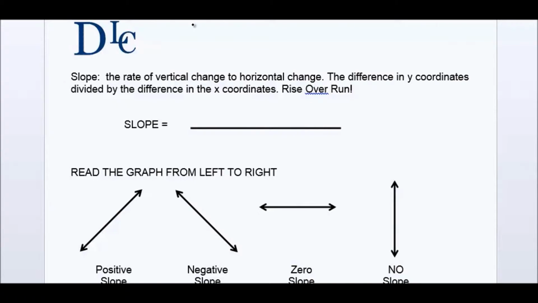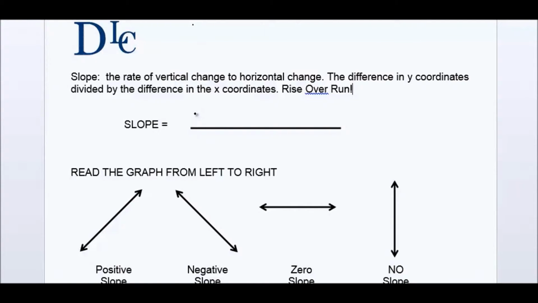To find the slope of a line, it's defined as the rate of vertical change to the horizontal change. Another way you could put it is it's the difference in the y coordinates divided by the difference in the x coordinates. Sometimes you'll also hear the rise over the run.